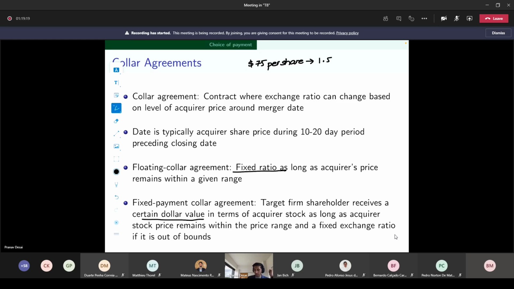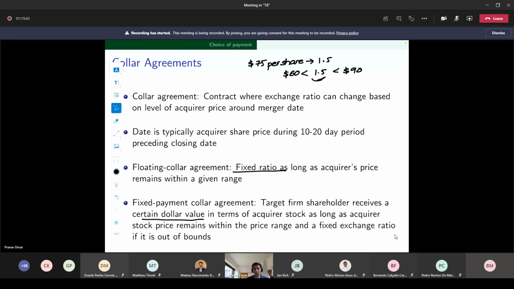The floating collar agreement will say that so long as the share price remains between 60 per share and, say, 80 per share, this is just a very random example. Actually, given that this is 15, let's just make this 90 per share.